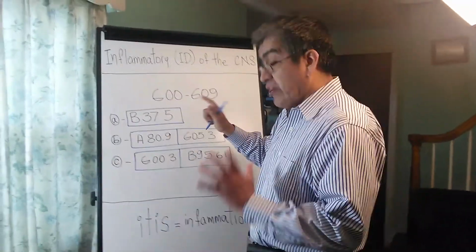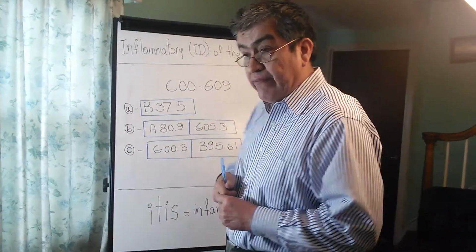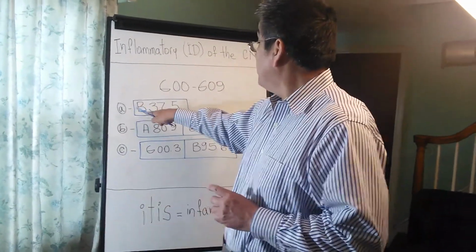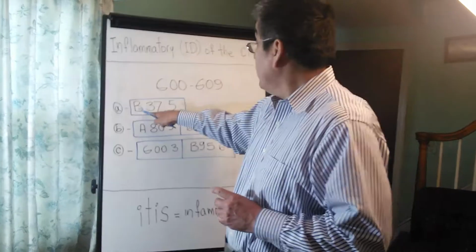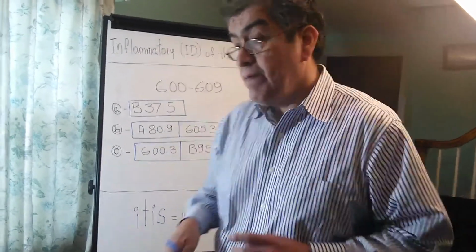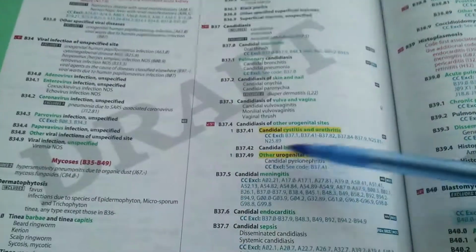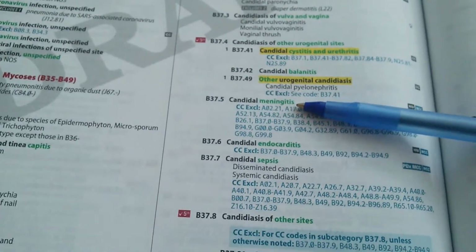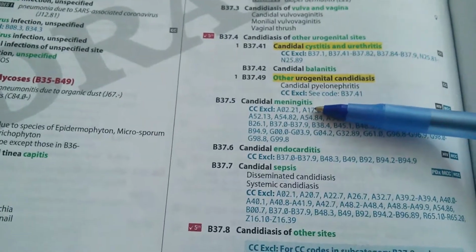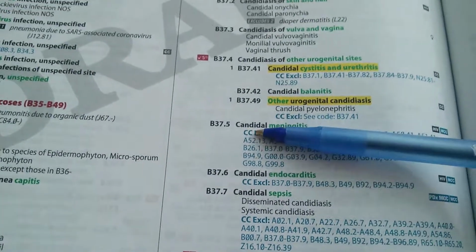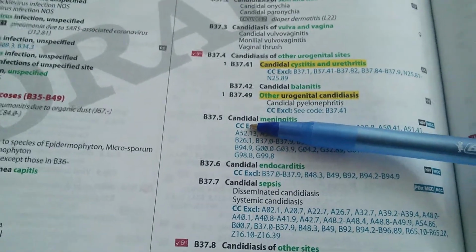Okay, so the first one that we have, if Nelly can open the first page to B37.5, if you can follow here, B37.5 would be this one, candidal meningitis. Okay, so the meningitis is the infection and the candidal is the bug, right?